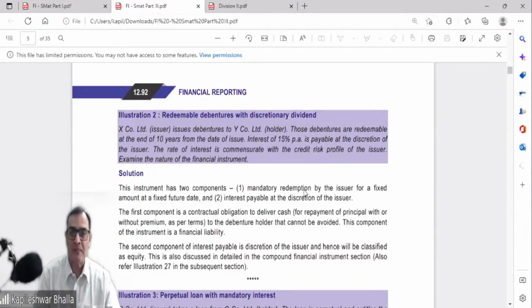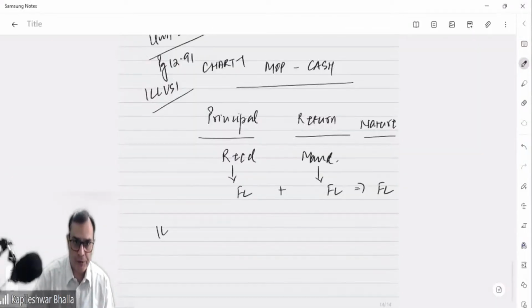That's wonderful indeed. Let's still read the illustration. It says X company issues debentures to Y, and those debentures are redeemable at the end of 10 years from the date of issue. The interest is 15% payable at the discretion of the issuer, and the rate of interest is commensurate with the credit risk profile of the issuer. So we can very clearly say that it's redeemable and discretionary. For illustration number 2, let's lay down the parameters.